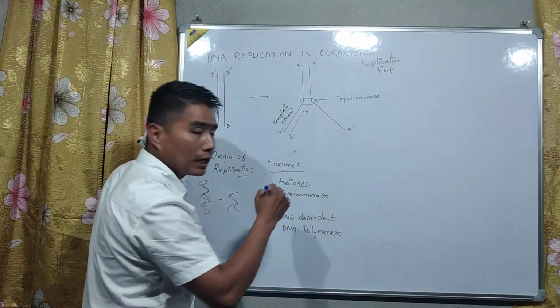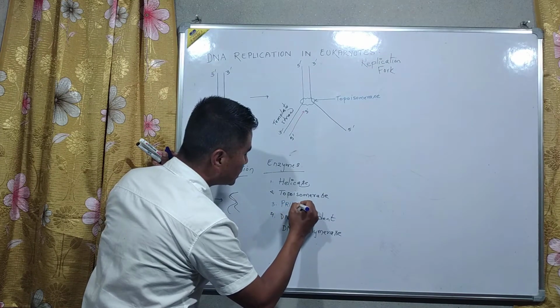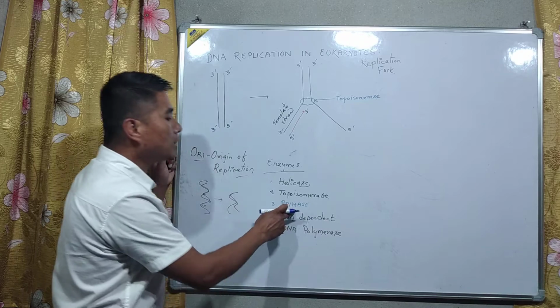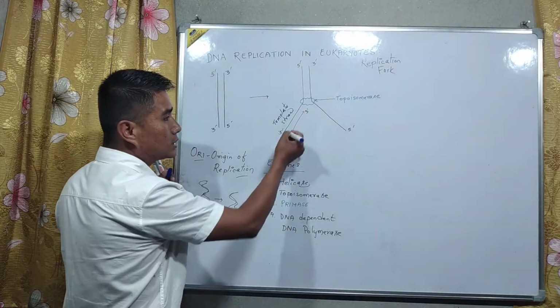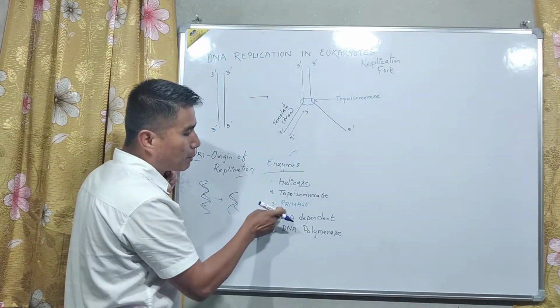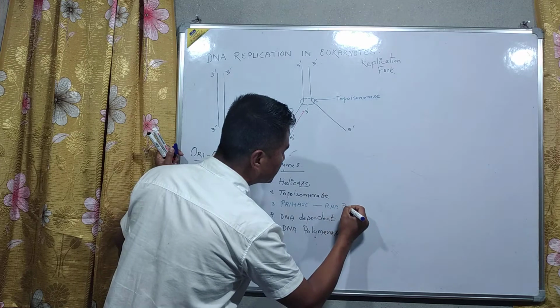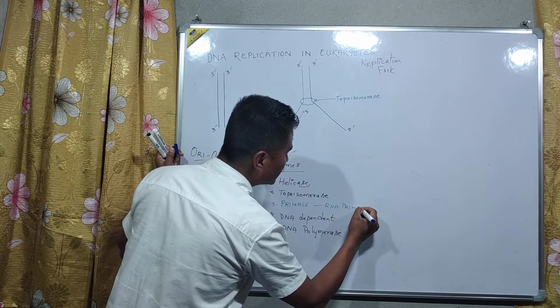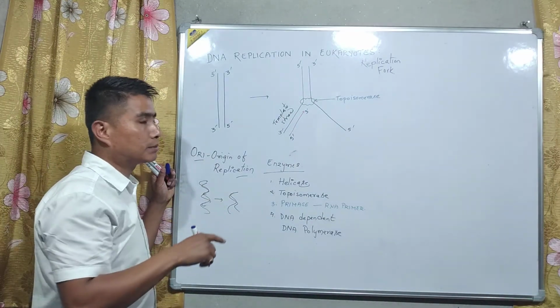The name of the enzyme is primase. Primase is the enzyme with the help of which a primer is inserted first. The name of the primer is RNA primer. Later on, this RNA will be replaced by DNA.